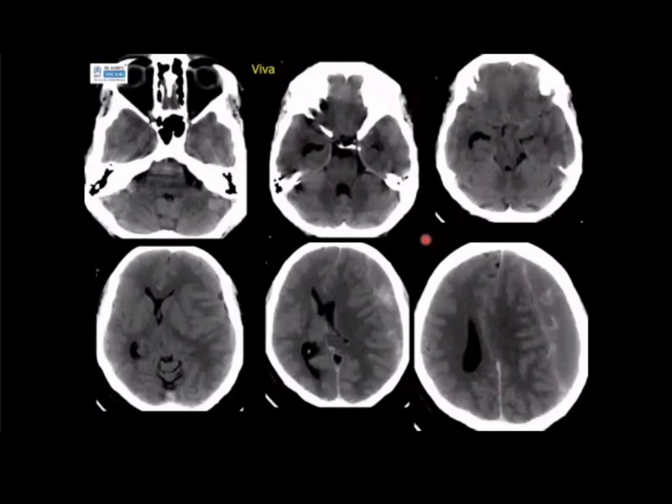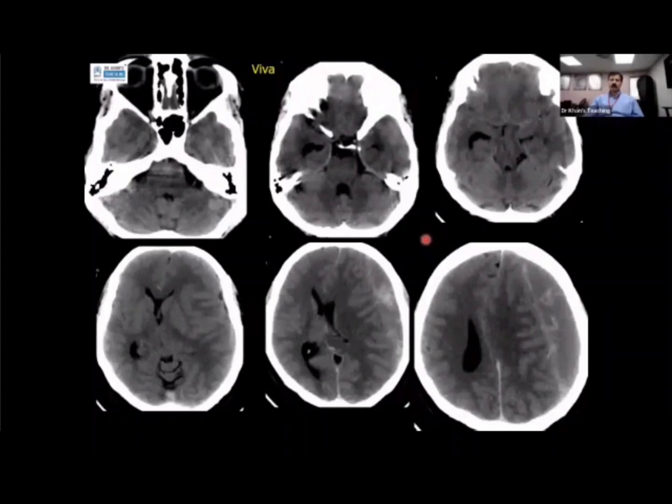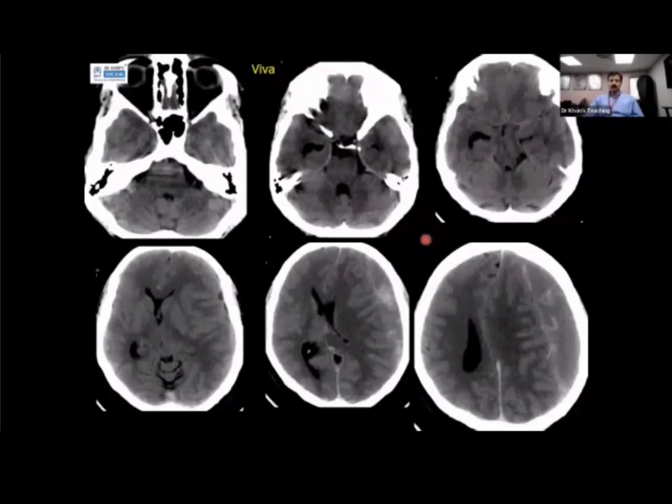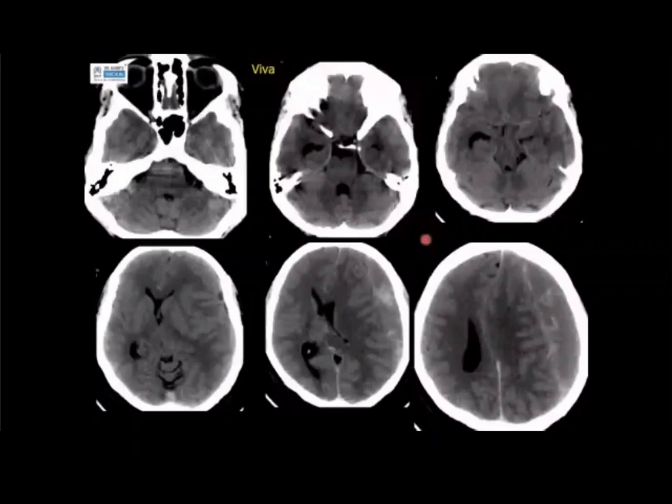What does that mean? This is your description. I want you to conclude. Tell me, how will you conclude this case? Tell me which kind of herniations are there. There is uncal herniation.